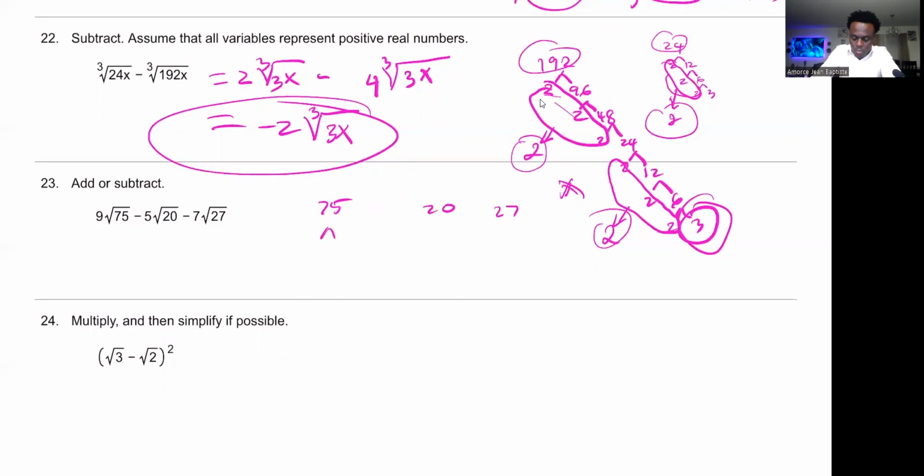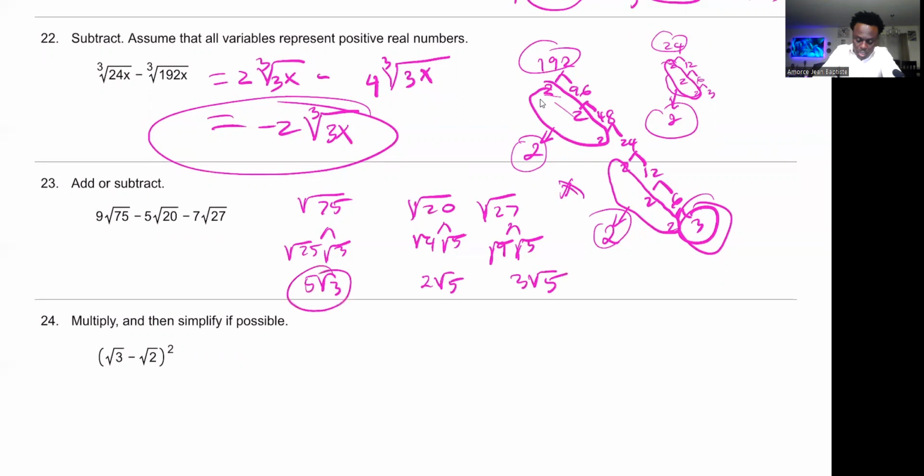Most of them already solved. 25 times 3 and take the square root. 4 times 5 and take the square root. And then 9 times 3, take the square root. Okay, that's 5 square root of 3. That is 2 square root of 5. And that is 3 square root of 5. And then this is only that.